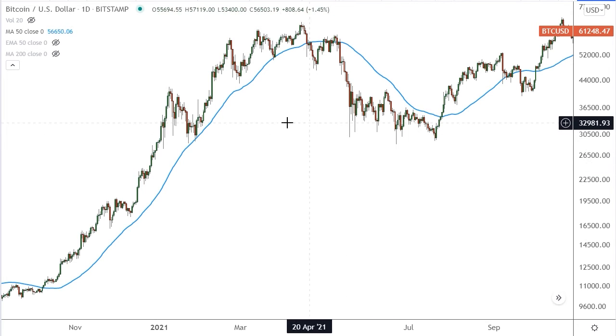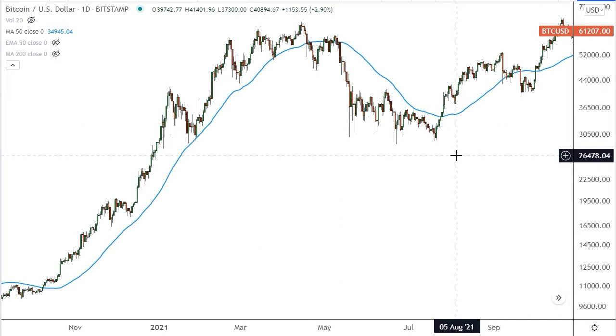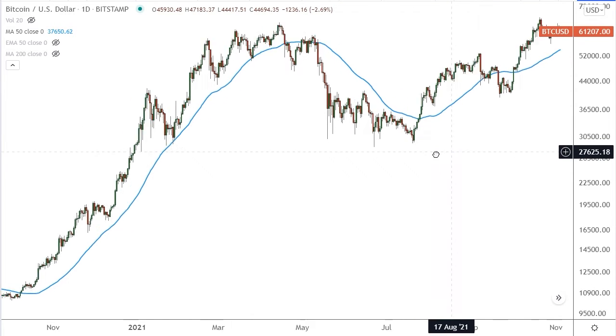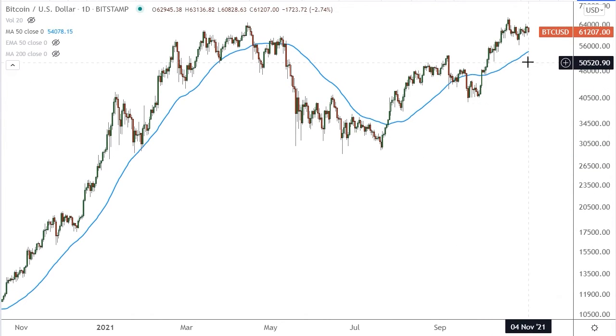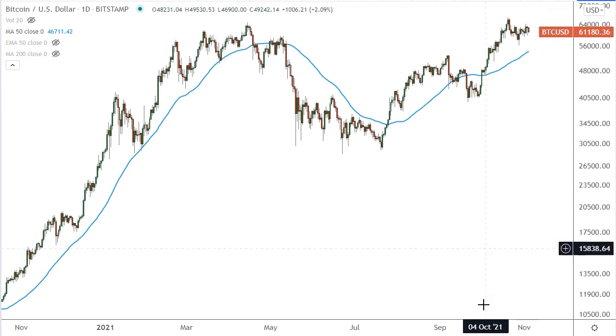Here we are taking a look at a 50-period simple moving average. So I move over here to the current price. This is a daily chart on Bitcoin, and right now the 50-period moving average is at 54,077.